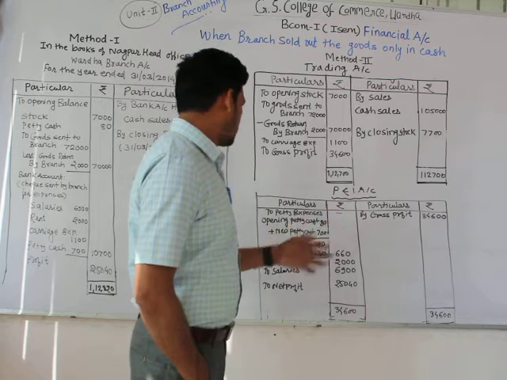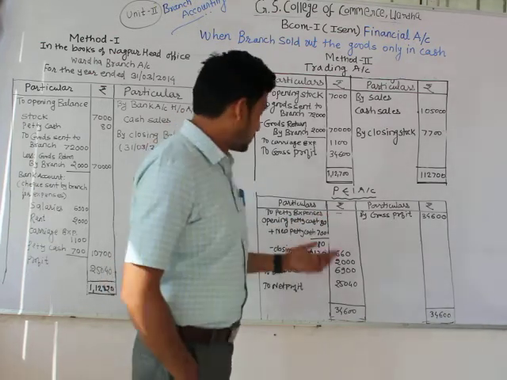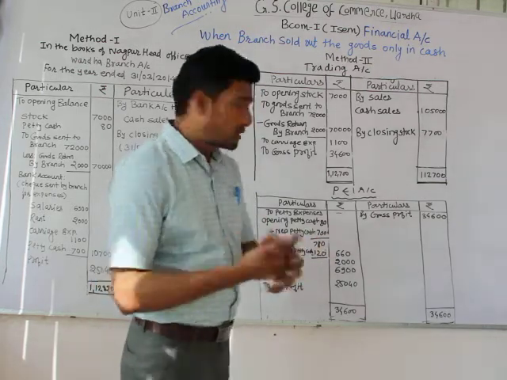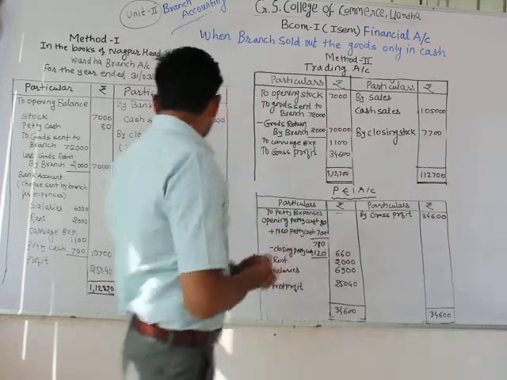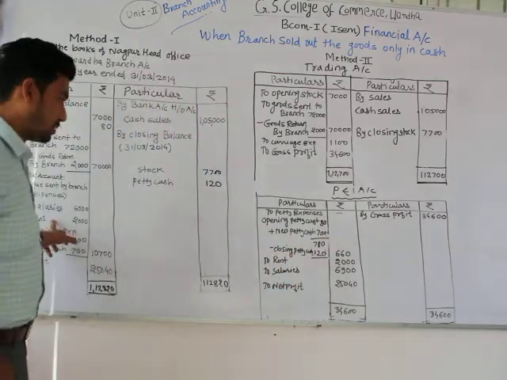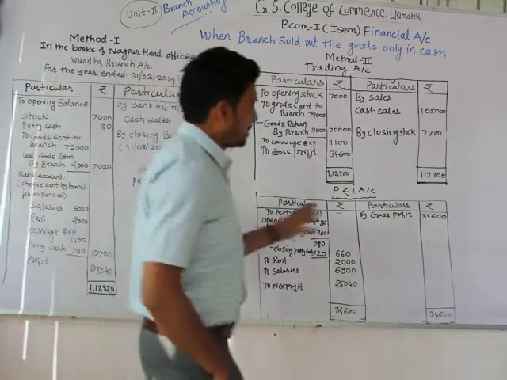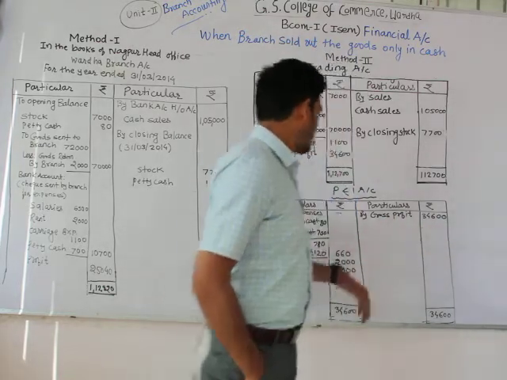Petty expenses are now there. The opening petty cash is rupees 80, new petty cash 700, so it will be 780. There is a closing petty cash of rupees 120, so it will be 660. Then the rent 2,000, salary 6,900. And we had one entry on this side of gross profit 34,600.